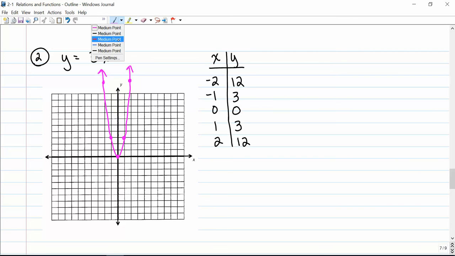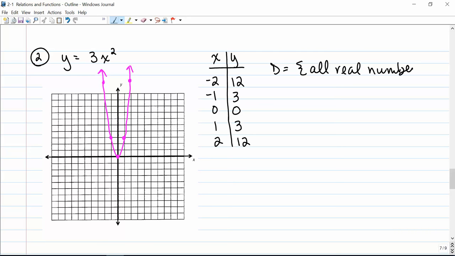Okay, and the domain for this, what can x be? X can be any real number. And the range, so taking a look at this graph, you can see that y really can't be anything that's less than 0, because there are no values of y down below the vertex right here.